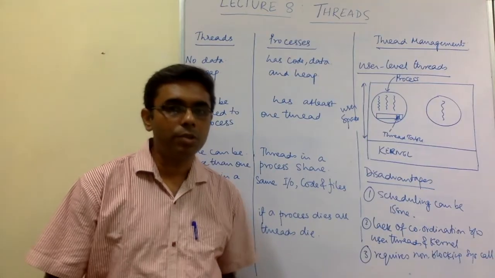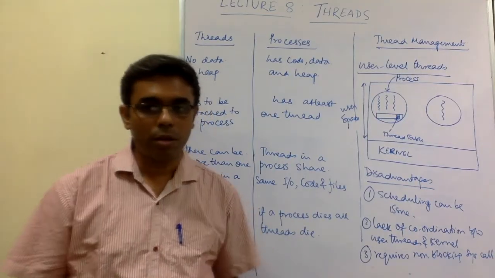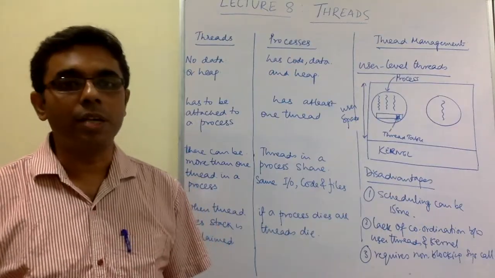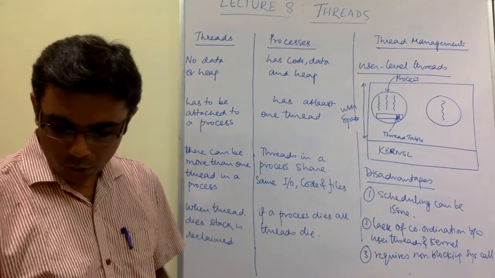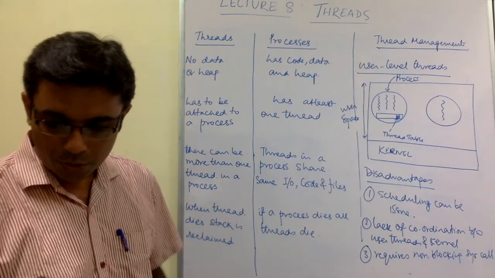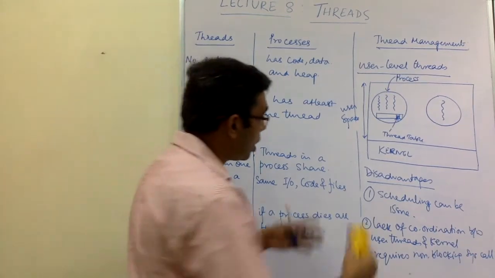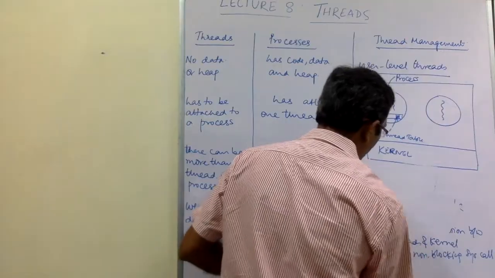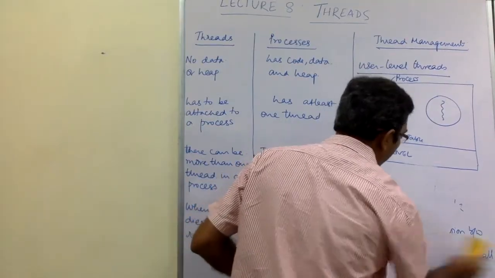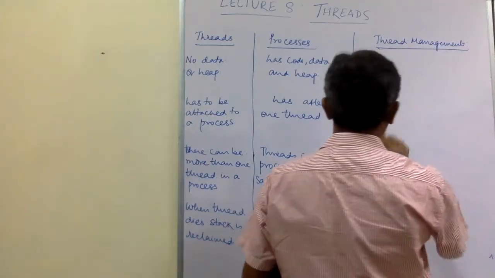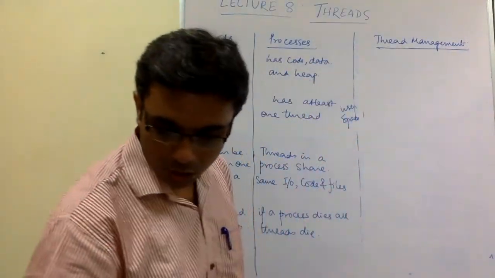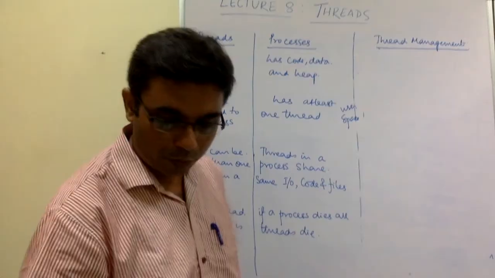And finally, if one of the threads waits for an IO, all other threads get blocked. That is the problem with user level threads. So what is the solution? A different approach is where you have kernel level threads, that is, the kernel supports the usage of threads.